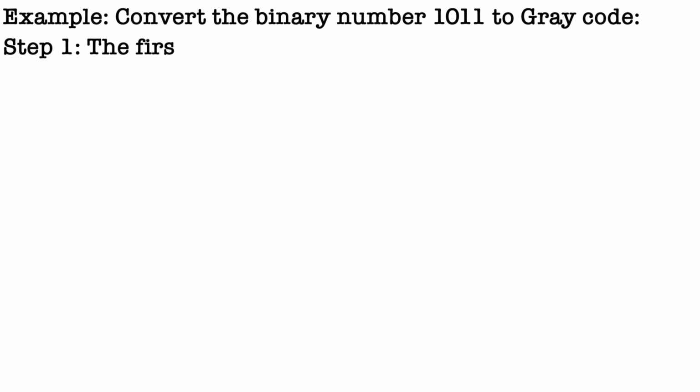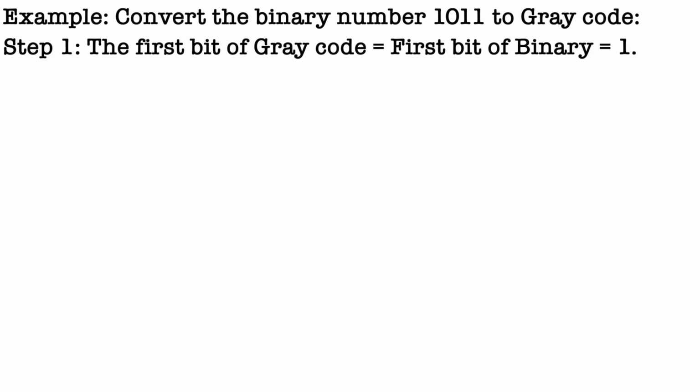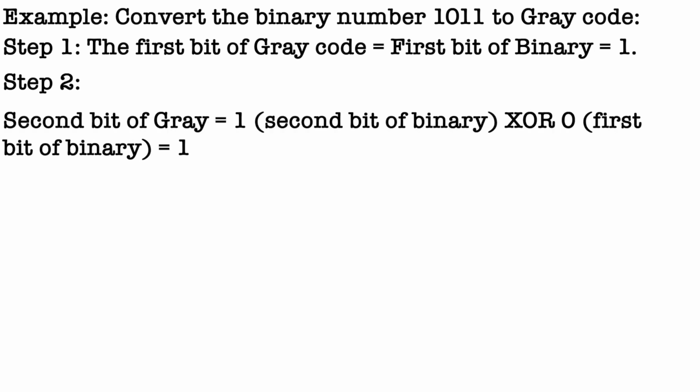In the first step, the first bit of gray code is equal to the first bit of binary, that is 1. In the second step, the second bit of gray is the second bit of binary, that is 1, XOR with 0, the first bit of binary, and we get 1.